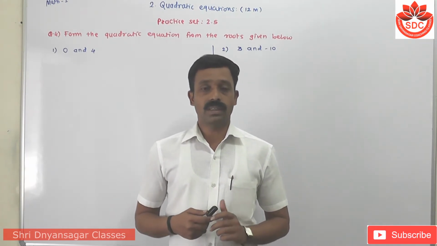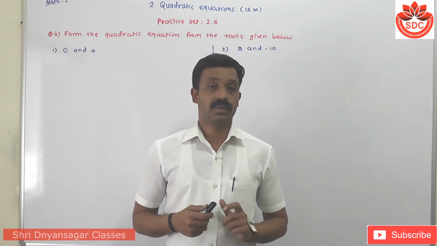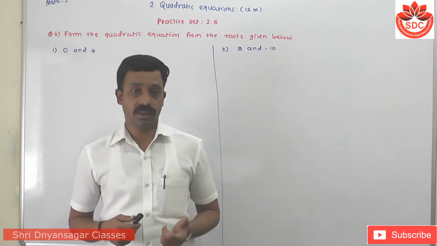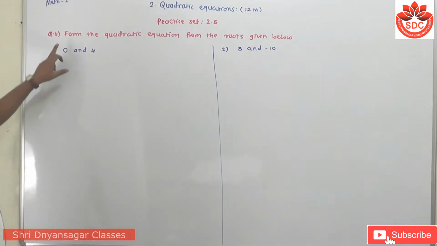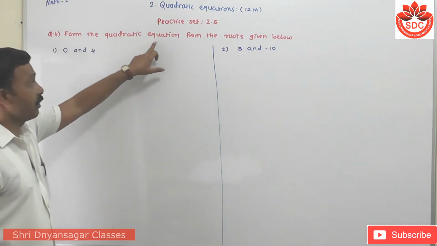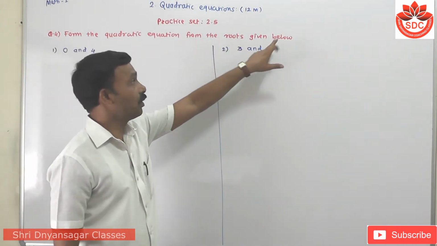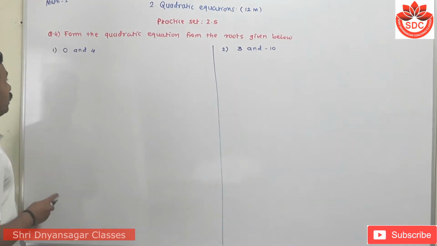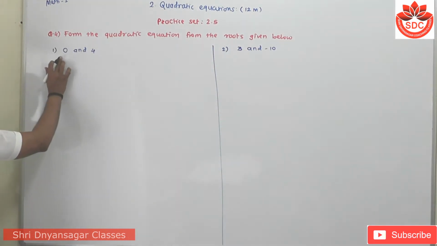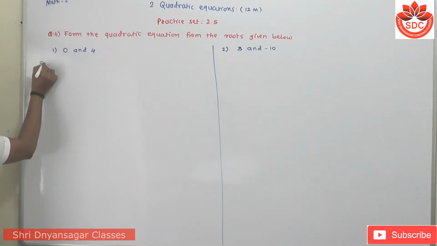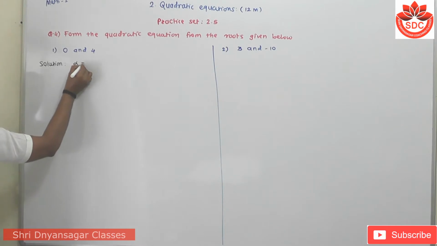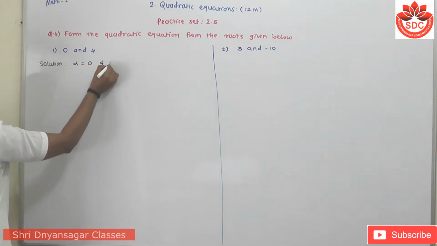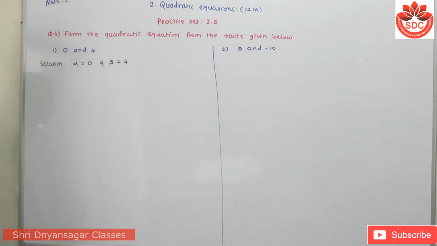Students, today we discuss practice set 2.5. The next question, question number 4, is to form the quadratic equation from the roots given below. The first one is 0 and 4. In this solution, alpha is 0 and beta is 4.